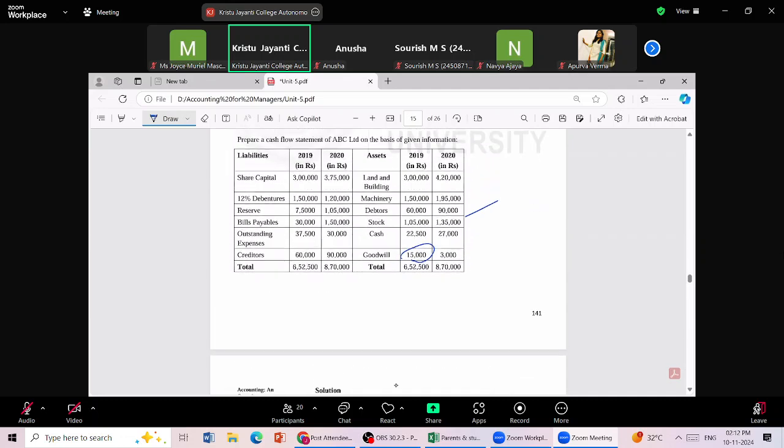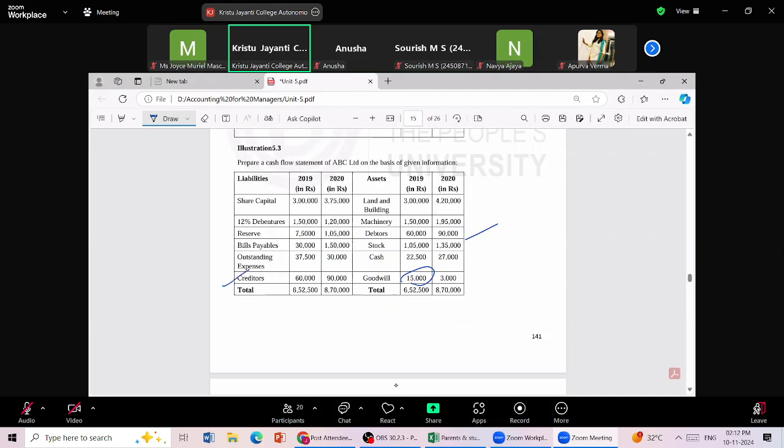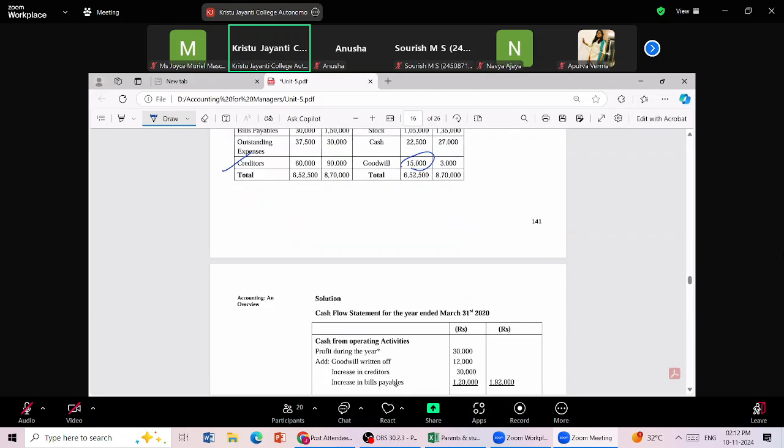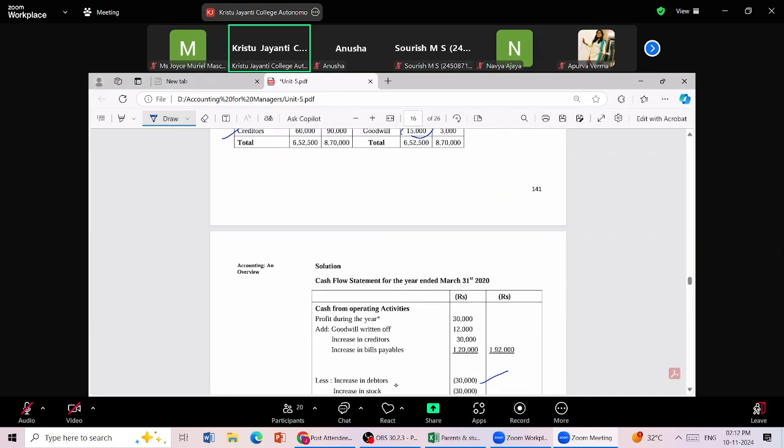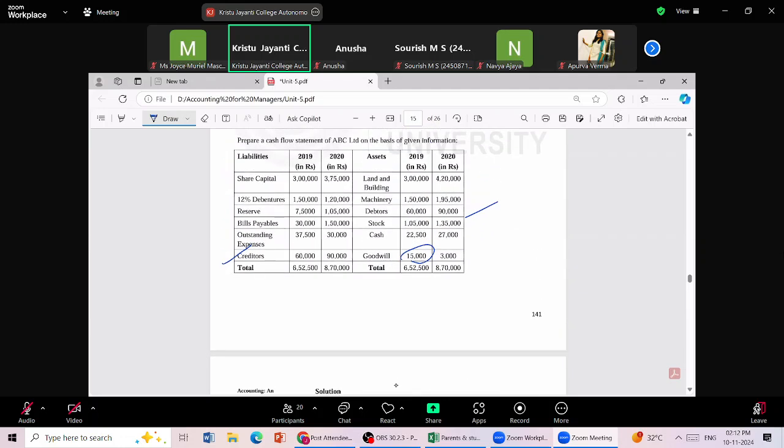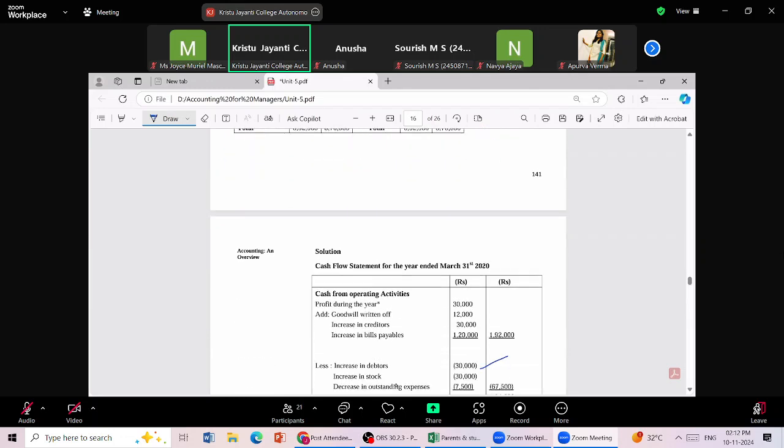And moving to the liability side, creditors. Earlier it was 60,000 and the liability has increased. So there is an increase in the current liability of around 30,000, so that can be added. Any liability that is increased is added. And then bills payable, earlier 30,000 and now 1,50,000.